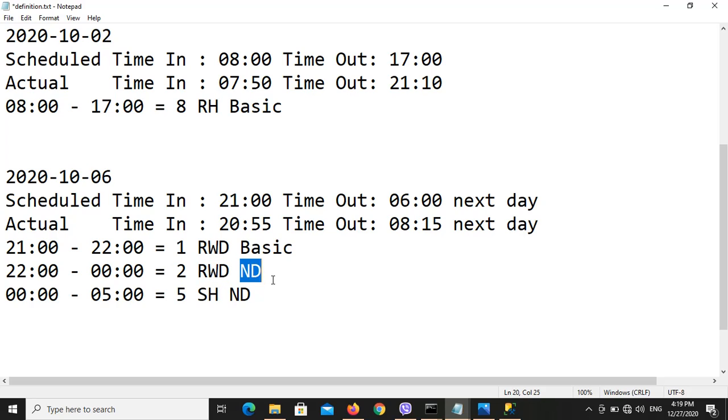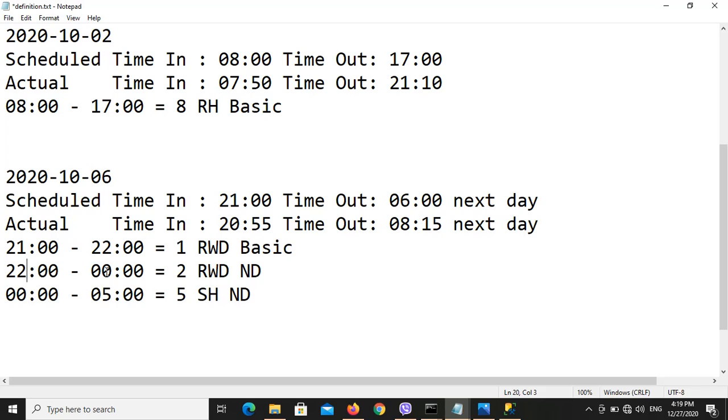It's ND because it already falls on 10 p.m. So that is from 10 p.m. to 12 a.m. It is between 10 p.m. to 6 a.m. So therefore, it is night differential. But it is a regular working day because on that day, it is still a regular working day. It's not yet the holiday.